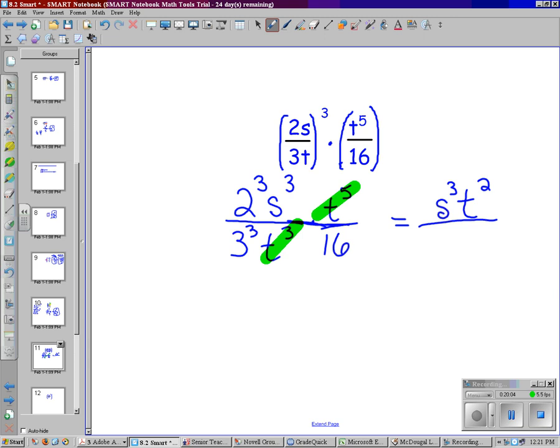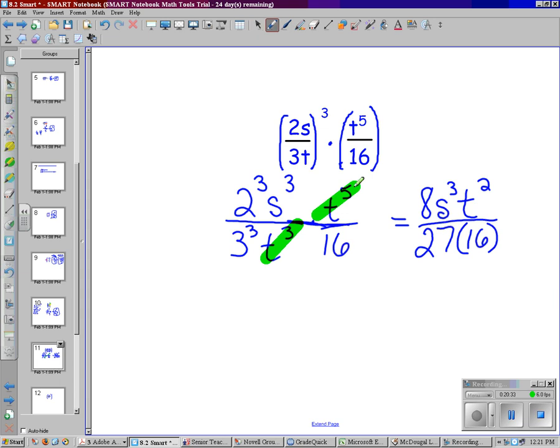And let's see, what's 2 to the third? What's that equal to? 8. And what's 3 to the third? How much? 27 times the 16. Now, don't start multiplying 27 and 16 together. You're working too hard. Can you do any canceling? Is there anything in the numerator that could cancel with something in the denominator? Jordan? The 8.